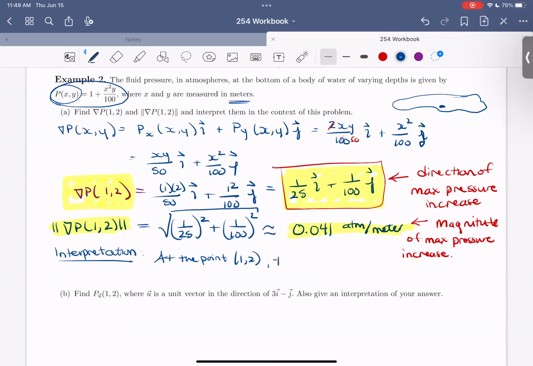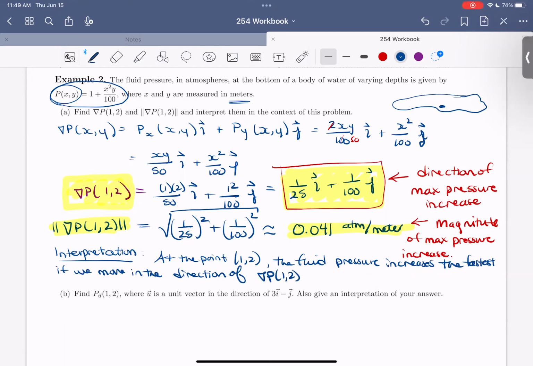In particular, the fluid pressure increases the fastest if we move in the direction of the gradient vector. I'm not going to write out that vector, but that's the interpretation of that gradient vector.